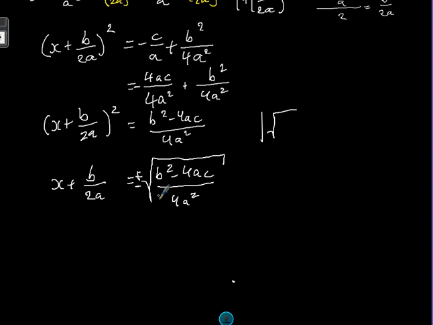Next step, I want to solve for x. So I subtract b over 2a, this fraction here. So I get x equals. Let's copy out the square root.